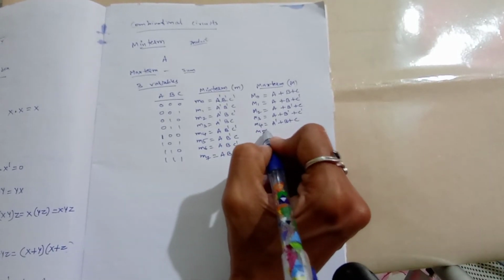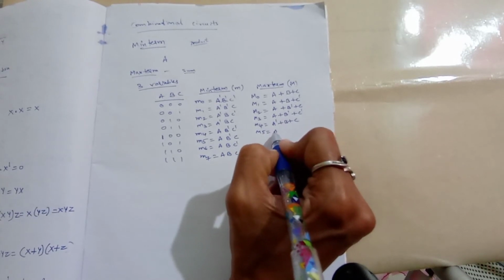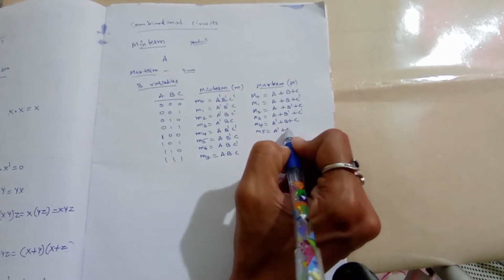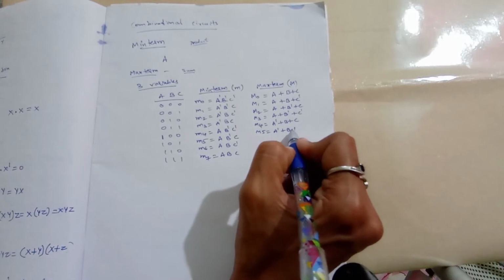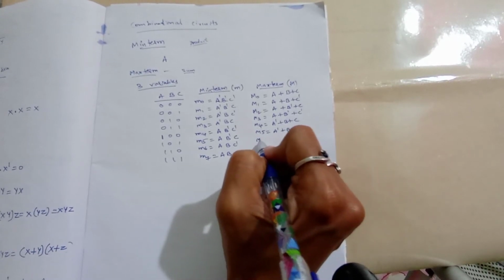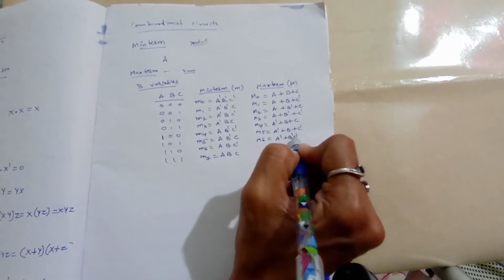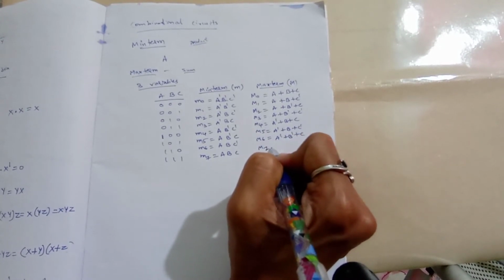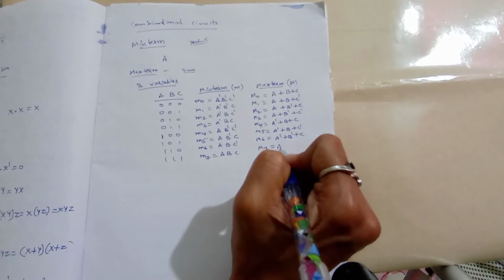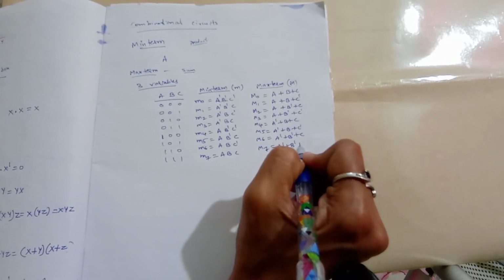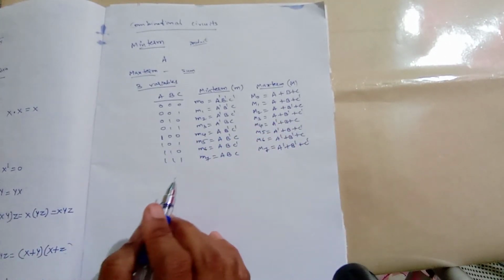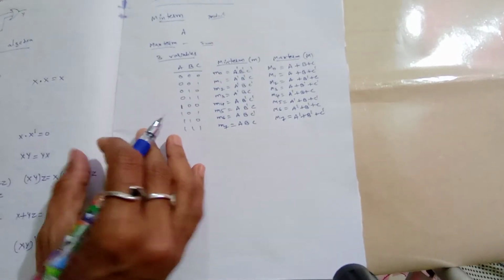M5 is written as a bar plus b plus c bar. M6 is written as a bar plus b bar plus c, and M7 is written as a bar plus b bar plus c bar. This is how to represent maxterms and minterms.